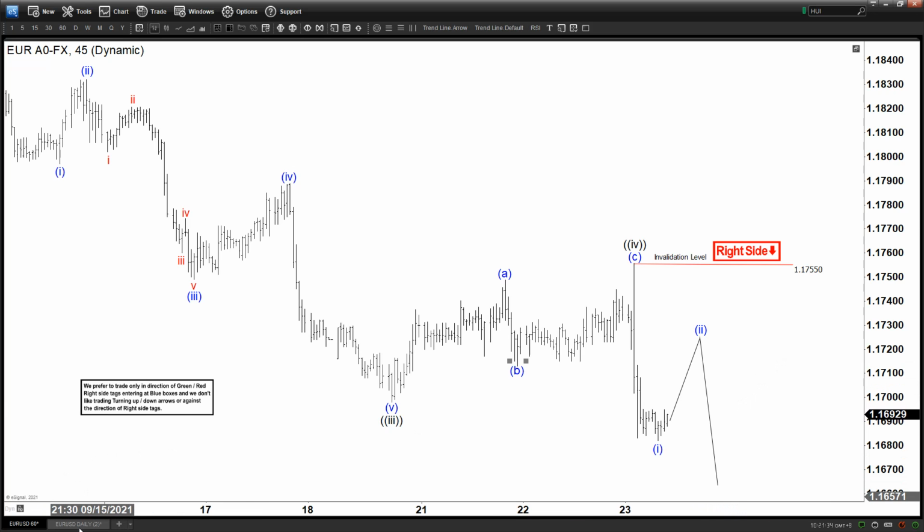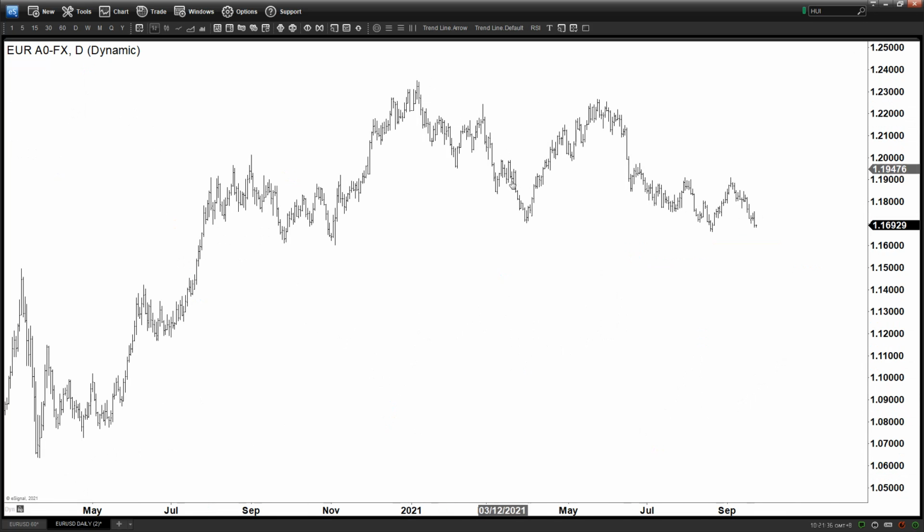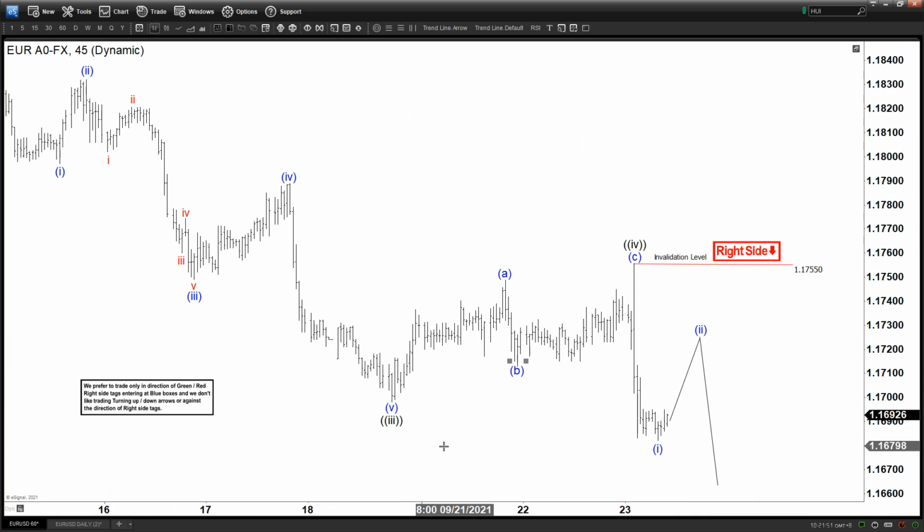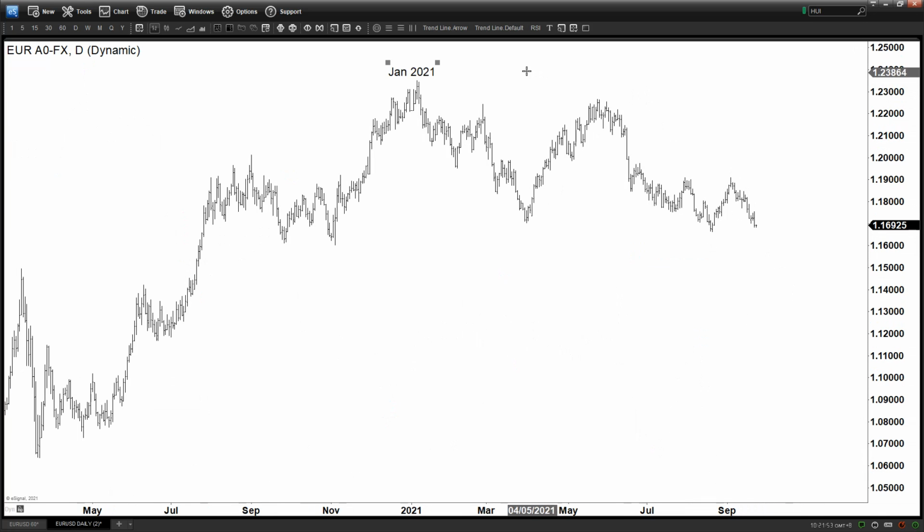So if I look at the daily chart now, this is the structure of the euro dollar. As you can see right here, we topped out in January this year, and since then we've been going sideways to lower, and we are getting close to breaking below the previous low we had on August 20th.